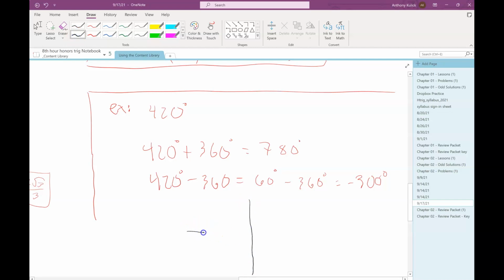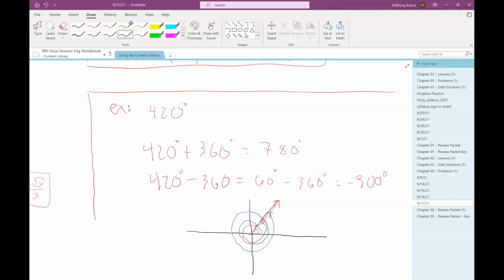Yeah, that's right. So just to illustrate what's going on, 420 degrees: 90, 180, 270, 360, and like 60 more is there, right? 780 is 90, 180, 270, 360, 540, 630, 720, and then 60 more.